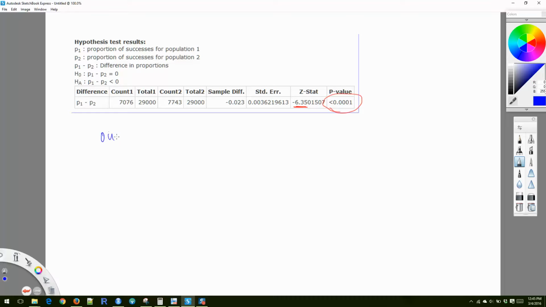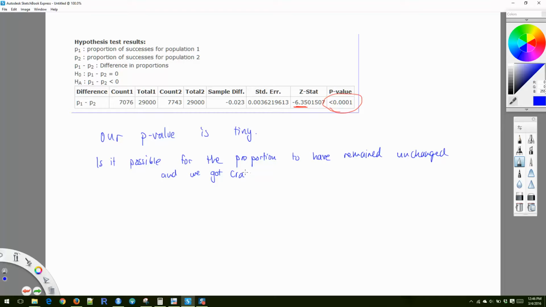Okay. So our p-value is crazy tiny. So is it possible for the proportion to have remained unchanged and we got crazy samples? The answer is technically yes, but incredibly unlikely.